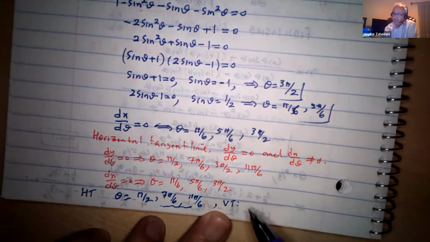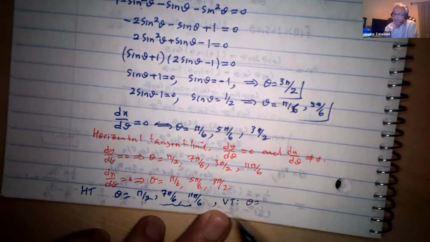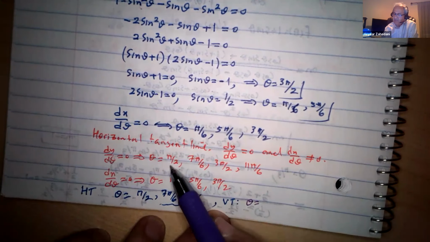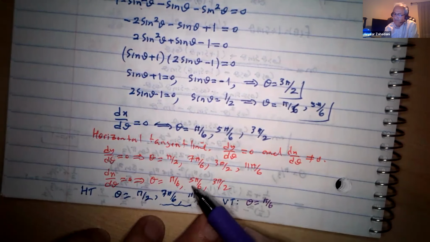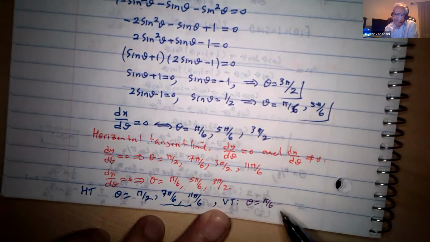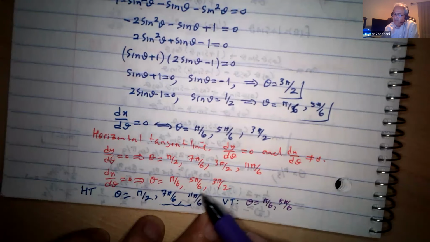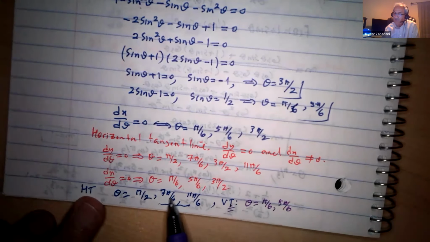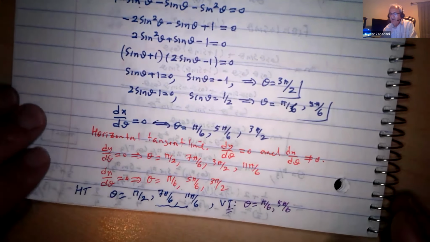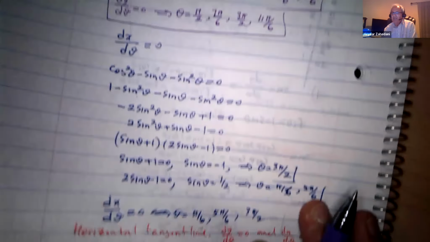So you get θ equal to π/6, which makes this one 0 and is not here, so π/6 is good. 5π/6 is not here, so 5π/6 is good. 3π/2 is here, so we cannot pick this one. So this means you are going to have 2 vertical tangent lines and 3 horizontal ones. And that's exactly how we see it here.